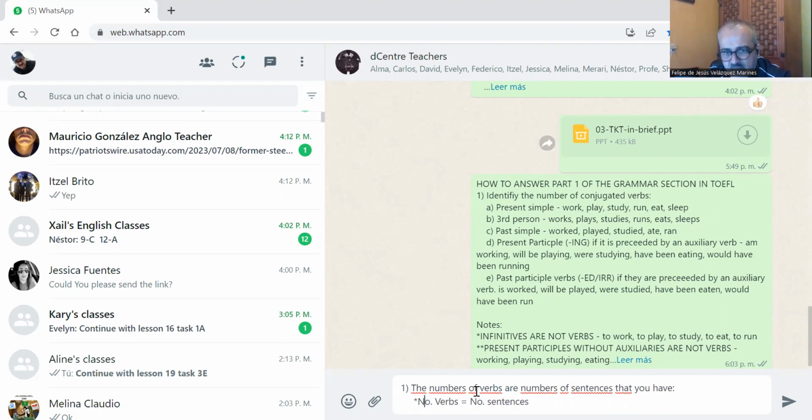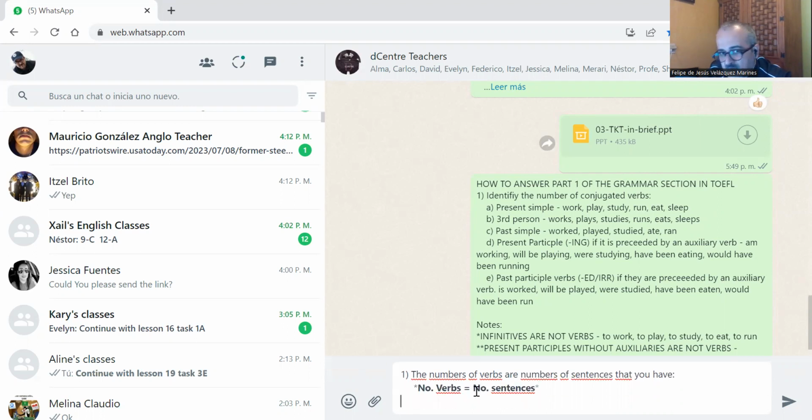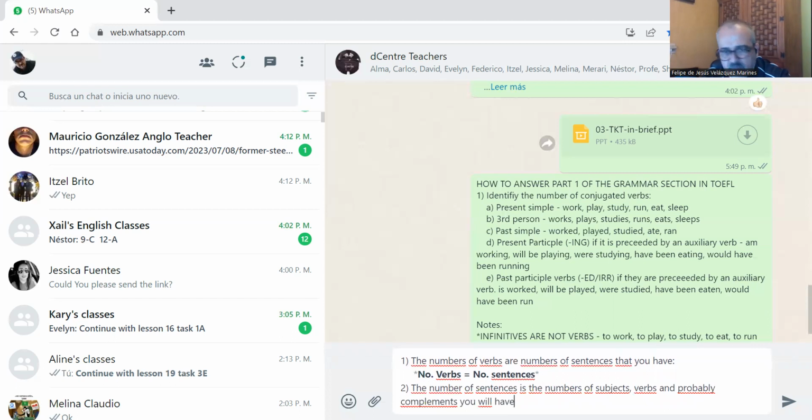So, in the previous sentence that we read, we have three verbs. So, how many sentences do we have? Three. The number of sentences is the number of subjects, verbs, and probably complements you will have. Yes?